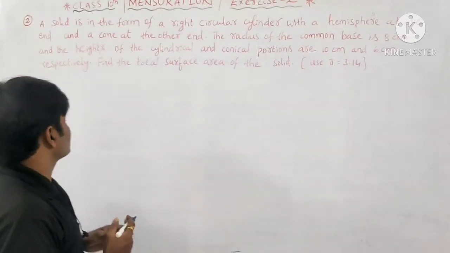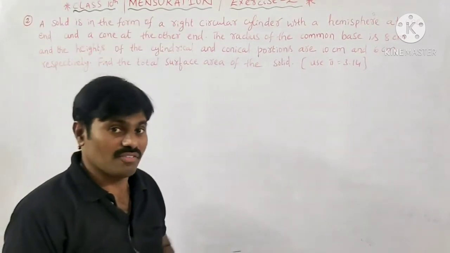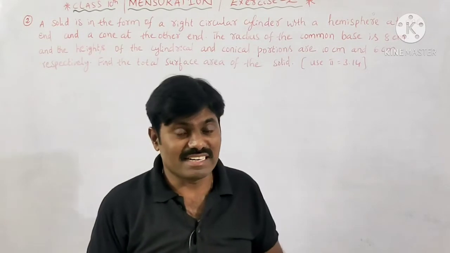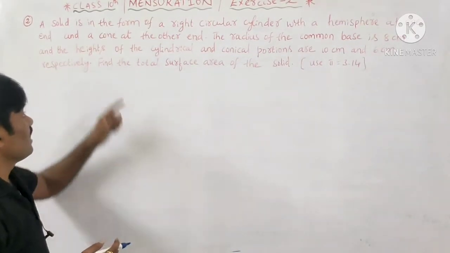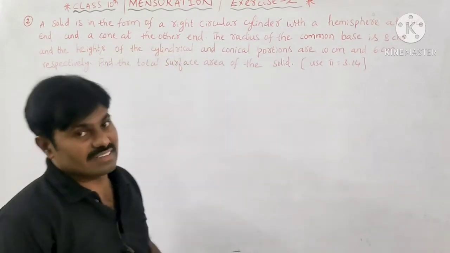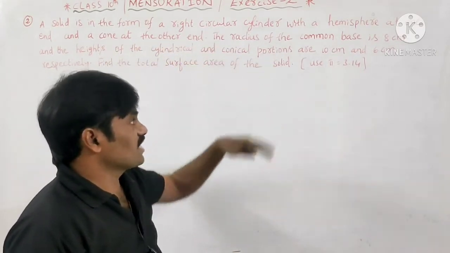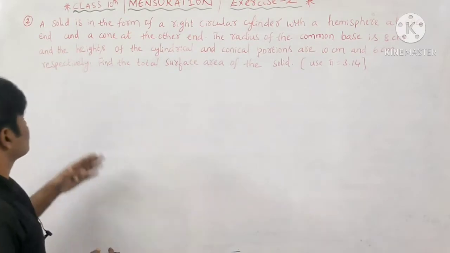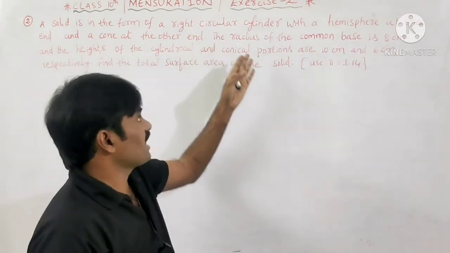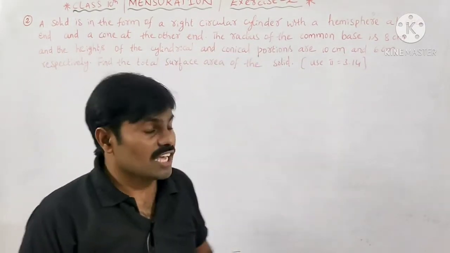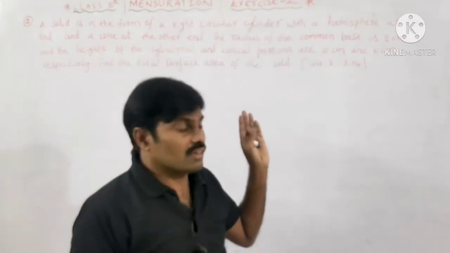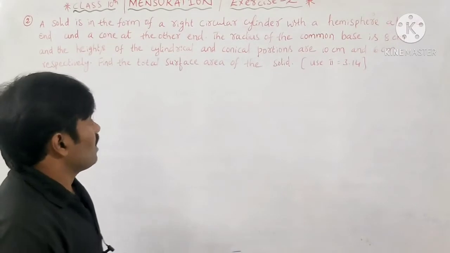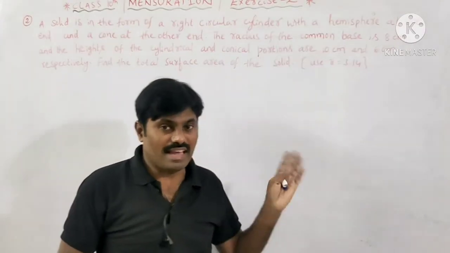The question is: a solid is in the form of a right circular cylinder with a hemisphere at one end and a cone at the other end. The radius of the common base is 8 centimeters. So the figure will be like this.